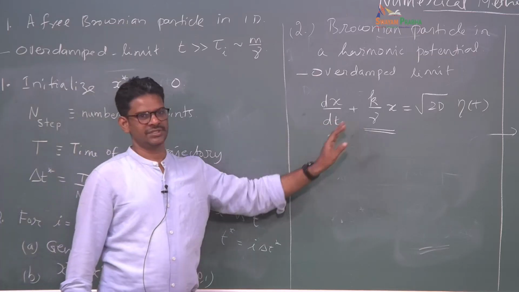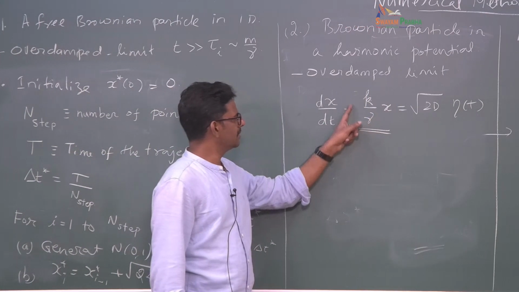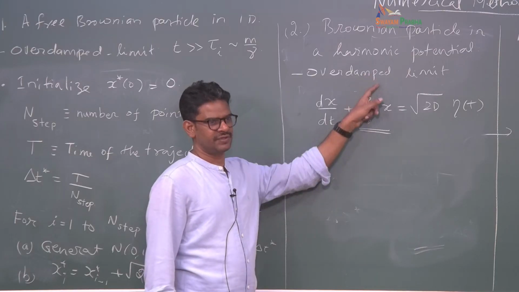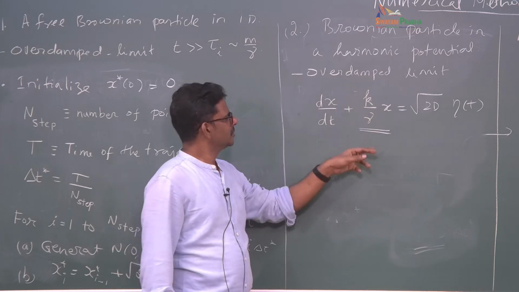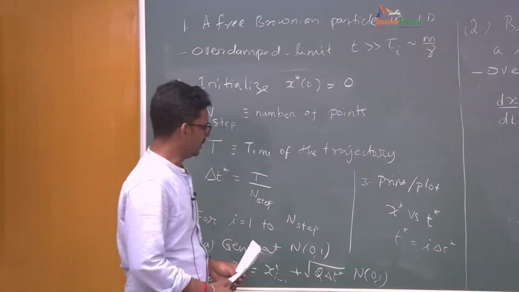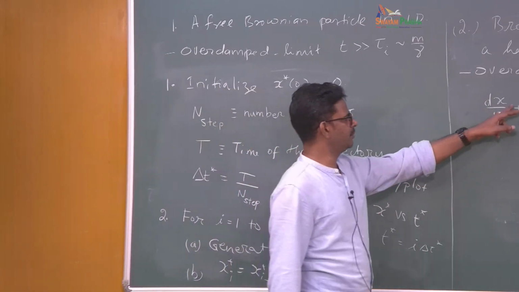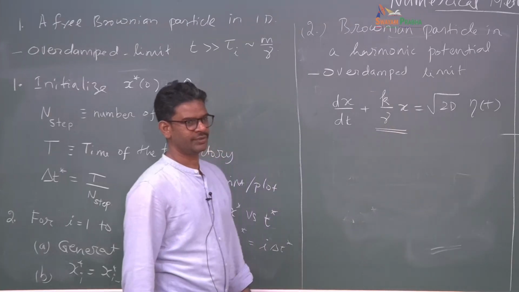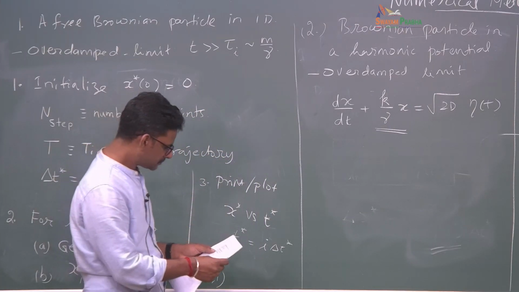You can try to convert this into a non-dimensional form. When you do that, this factor, the spring constant by the drag coefficient, will come out as another time constant. So there is going to be a parameter for this. In the previous case there was no other parameter, but here this term brings a characteristic parameter to the problem. So I will give the final equation directly here.